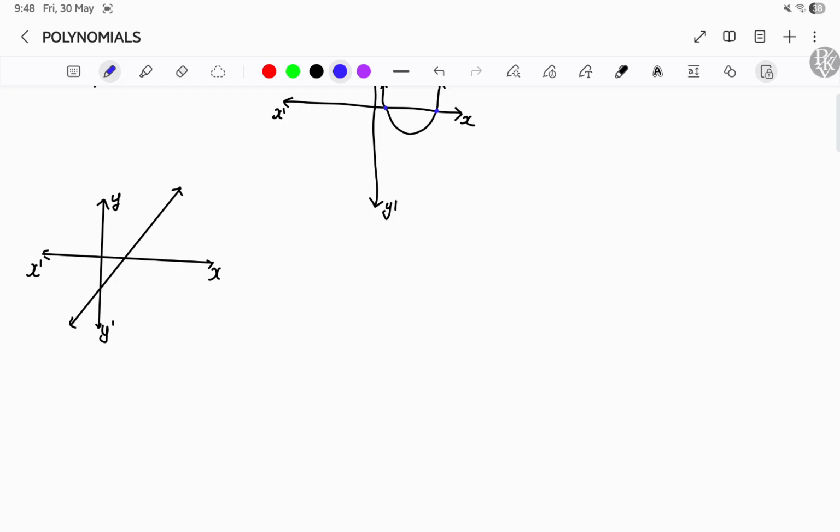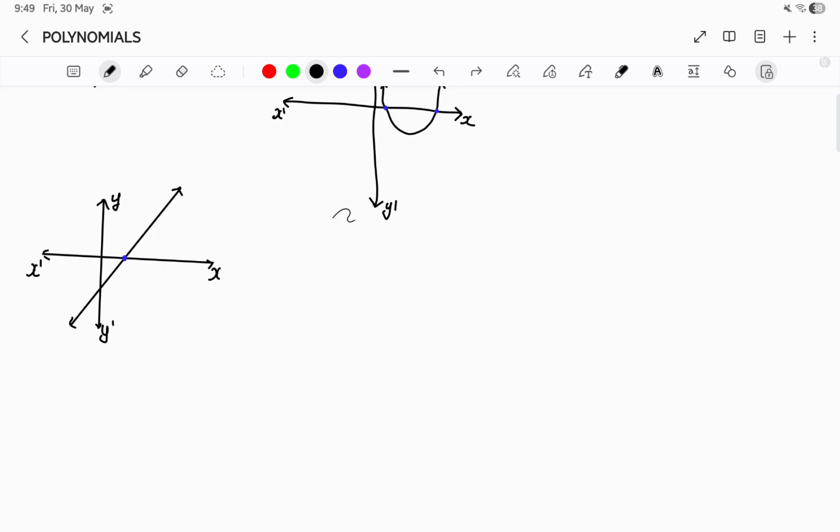You count the number of times it crosses the x-axis. There is one time. Don't confuse with this axis. This is the y-axis, you don't care about the y-axis. The point where it crosses the x-axis, there is one such point. Therefore there is 1 zero.